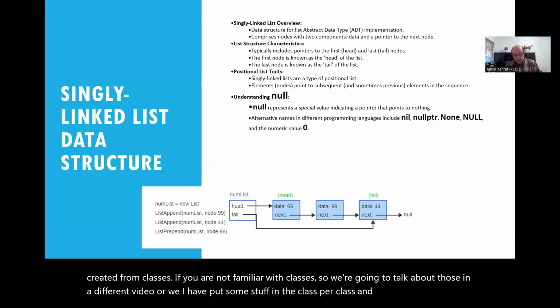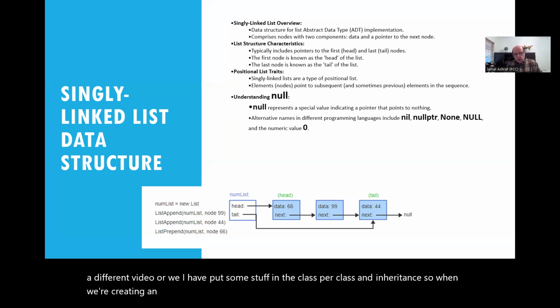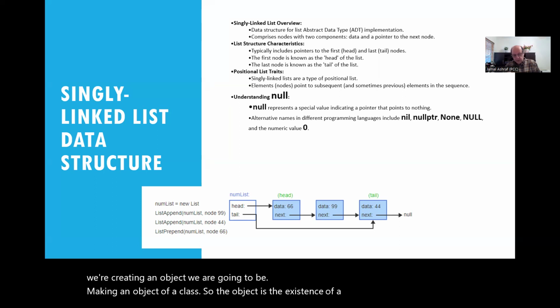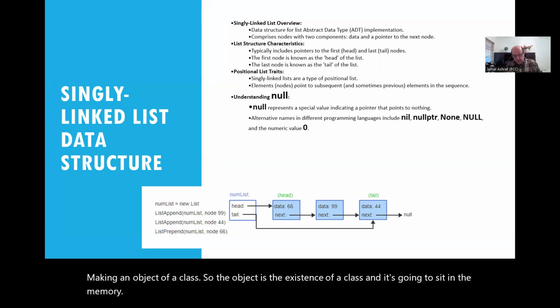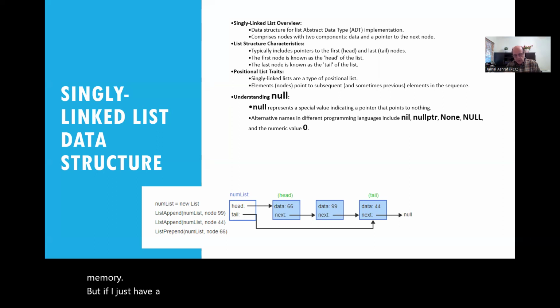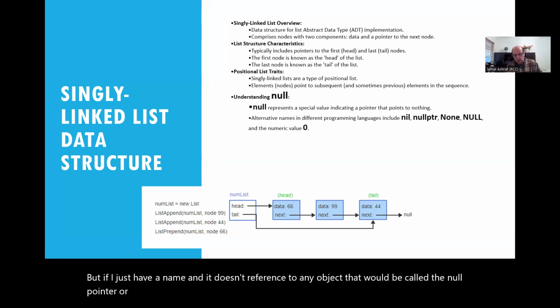When we're creating an object, we are making an object of a class. The object is the existence of a class, and it sits in memory. But if I just have a name and it doesn't reference any object, that would be called the null pointer, or the address of null, meaning I have a name for the object, but it's not pointing anywhere. I'm going to talk more about that.